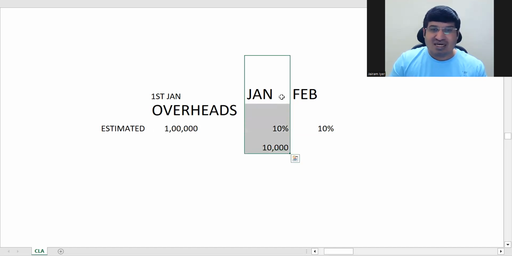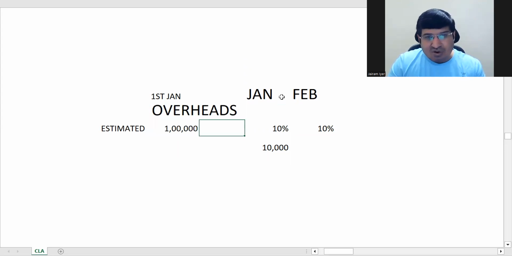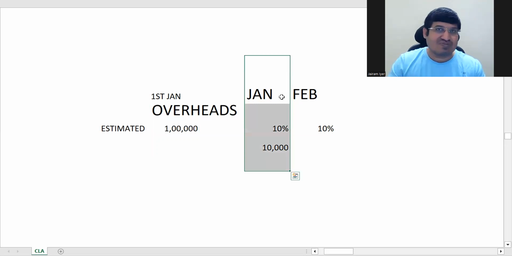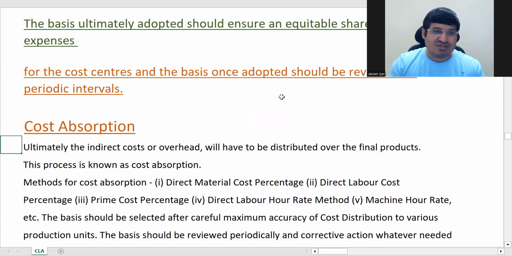In January, you can have 50 orders, you can have 100 orders, and for each of them you have to give a fair share of overheads. So when these overheads are loaded into the final products and sent in the bill, that process is called cost absorption.